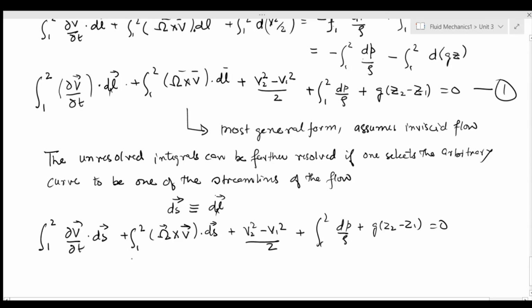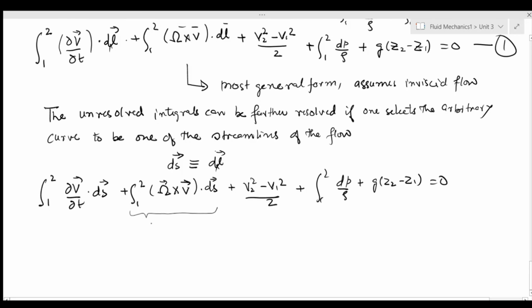Now I want to talk about this omega cross V term. This would go to 0 if we are talking about a streamline. Why? We know that if A cross B is equal to C, then the C vector is in a plane which is perpendicular to A vector and B vector.